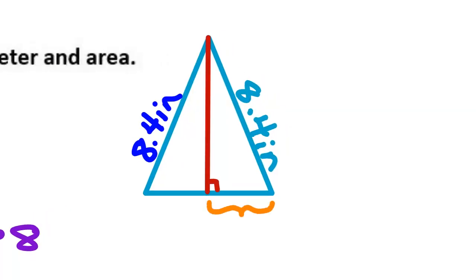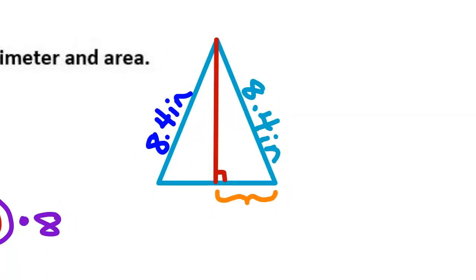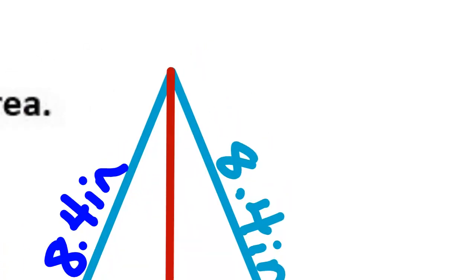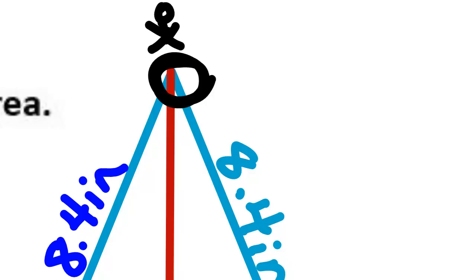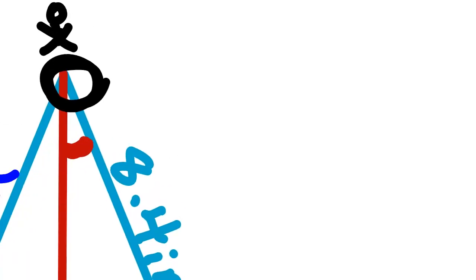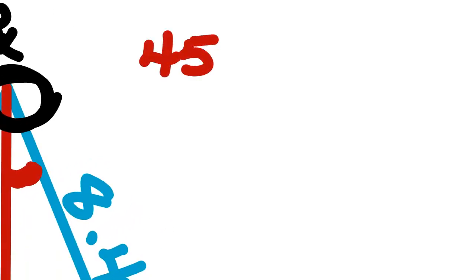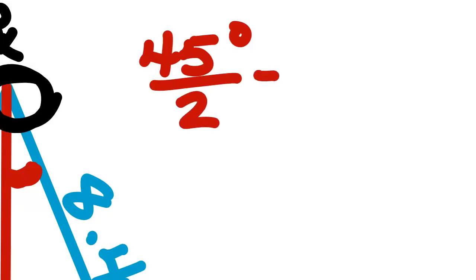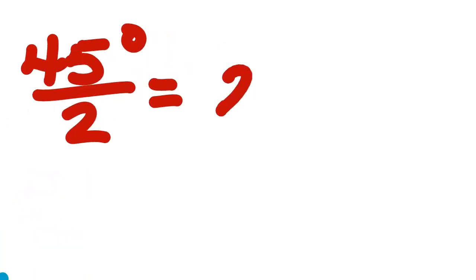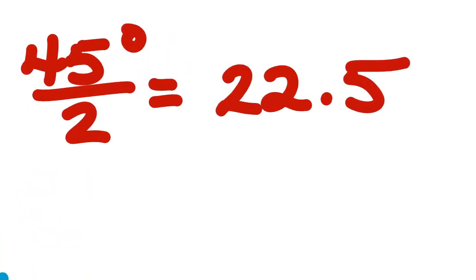We are looking for this piece right here. And we are going to stand up here, but I need to know how big that angle is. How do I find the size of the half angle there that I'm standing at? This angle right here. What'd you say? Divide by 2. We're going to take the 45-degree central angle, and we're going to divide it by 2. What is half of 45? 22.5. Again, this is half of the central angle.